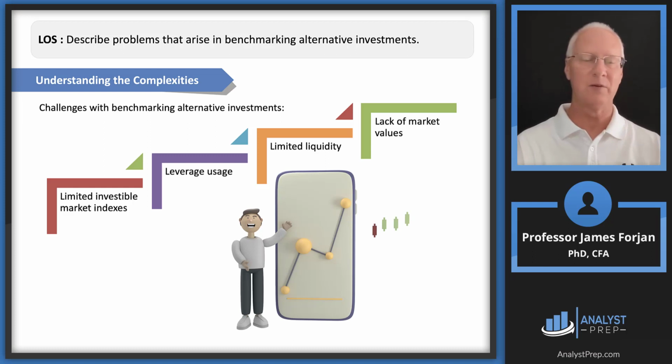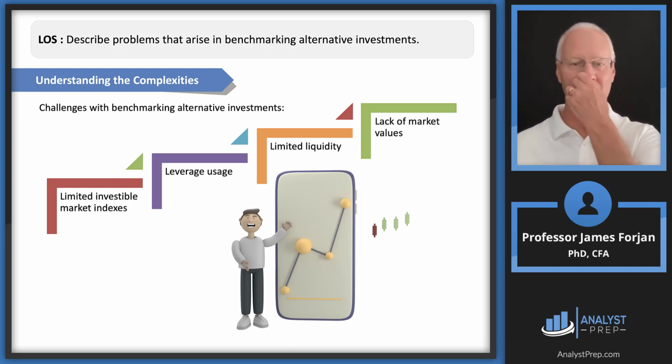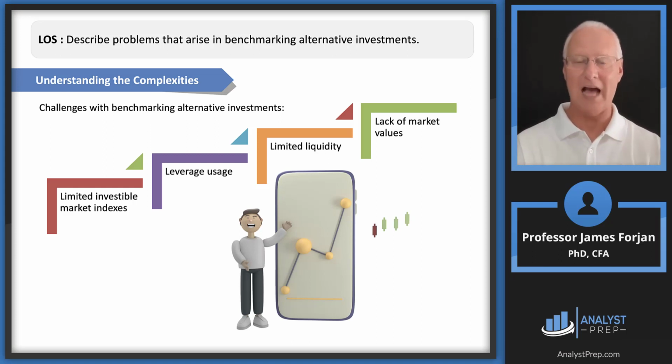Maybe it's an asset reason, maybe it's a liability reason, maybe it's an equity reason on the balance sheet. But do you have cash in your back pocket? Now, of course, in the alternative investment universe, there's not a lot of cash in the back pocket when you go ahead and invest in Hollywood memorabilia. And then lack of market values.